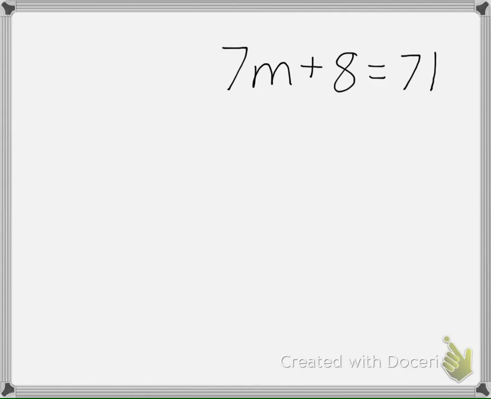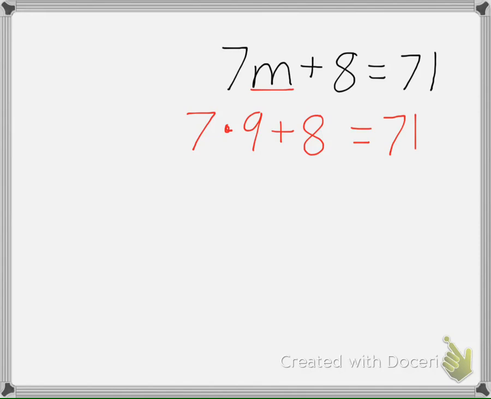So if I take my original equation and simply replace m with 9, now remember this is multiplication, so it's going to be 7 times 9 plus 8, and if I did this correctly, that should equal 71.